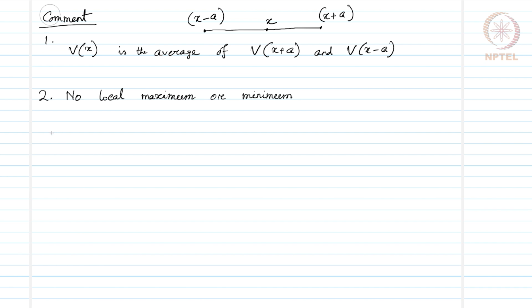We can move to 2 dimensions now. In the case of 2 dimensions, we can write the Laplace equation as del 2V del x2 plus del 2V del y2 equals 0. And this is no longer an ordinary differential equation, we get a partial differential equation in this form.